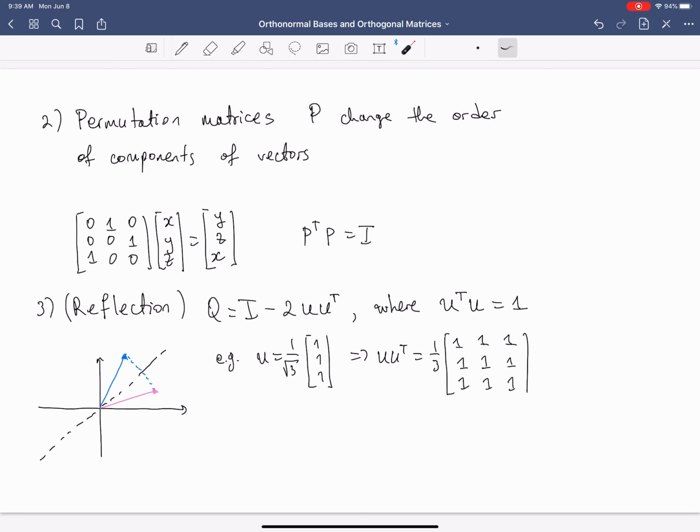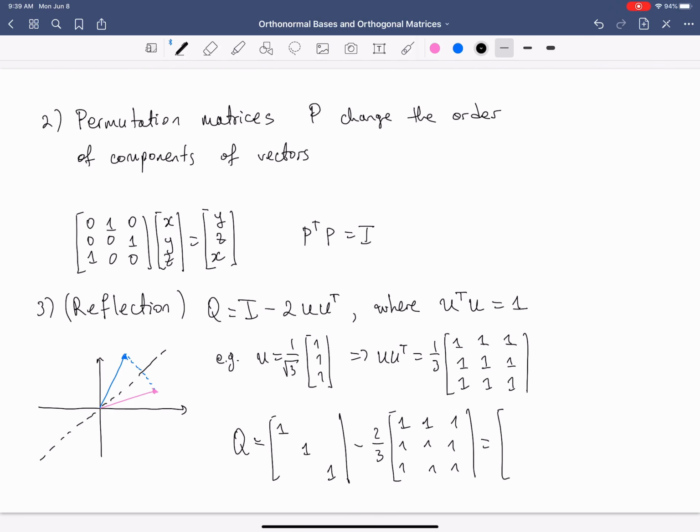Okay, so we have this matrix, then Q, and you can test for homework that Q really satisfies the condition if you want to multiply. So we would have the identity minus 2 times U U transpose, which is 2/3 times the matrix of 1s. When you take that difference, it's really along the diagonal where you have to pay the most attention. 1 minus 2/3 would be a third, so I have a third along the diagonal, and then negative 2/3 everywhere else.